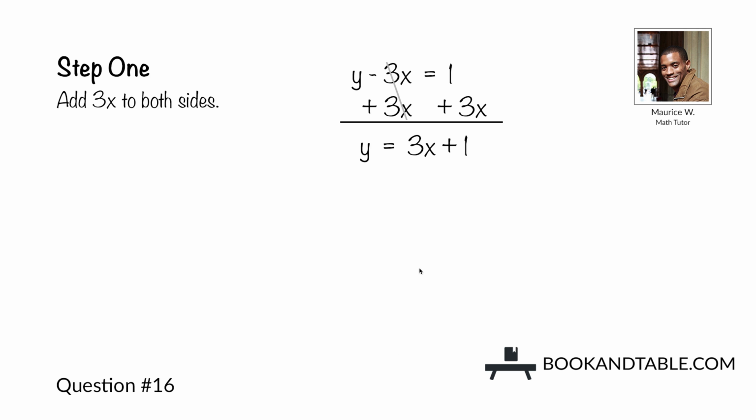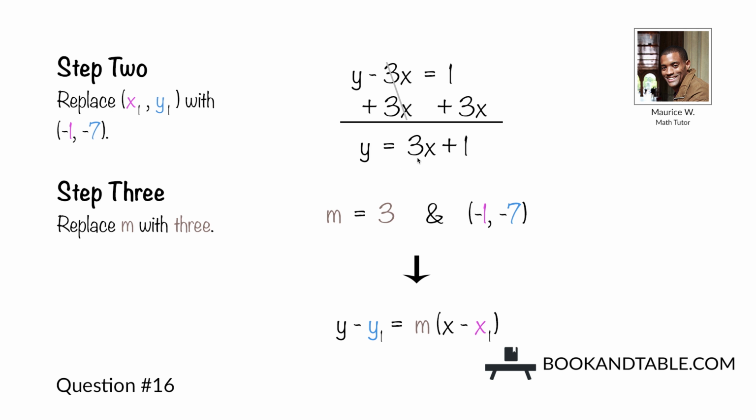Step 1, add 3x to both sides. This removes the -3x from this side, isolating y, and now we have it in slope-intercept form. And if the line we are looking for is parallel to this line, then we know the line we are looking for has the same slope, which should be 3, the coefficient of x.